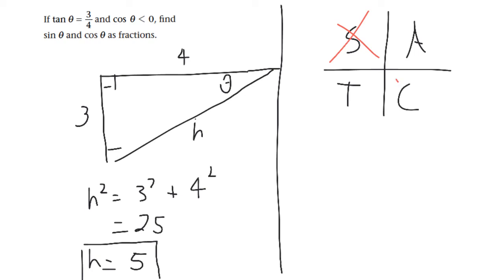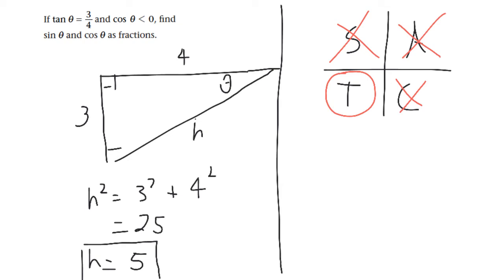My trigonometric ratios are not going to be in those two quadrants because tan theta is not going to be positive in those. I also know that cosine theta is negative, which means I can't be in quadrant 1. I could be in quadrant 2, but our first statement of tan theta being positive eliminated me from that quadrant, which means I have to be in quadrant 3, which is going to tell me something about sine theta and cosine theta. We already knew cosine theta was going to be negative, but now we've also confirmed that sine theta will be negative as well.